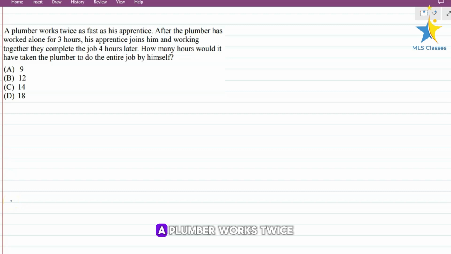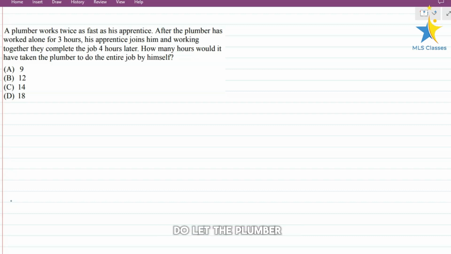It says a plumber works twice as fast as his apprentice. After the plumber has worked alone for 3 hours, his apprentice joins him, and working together they complete the job 4 hours later. How many hours would it have taken the plumber to do the entire job by himself?